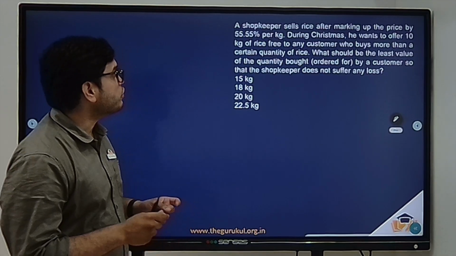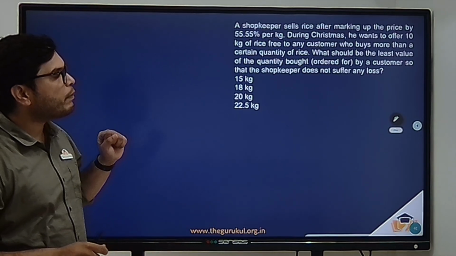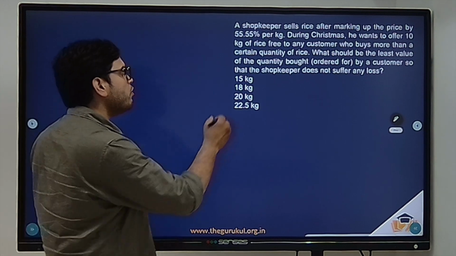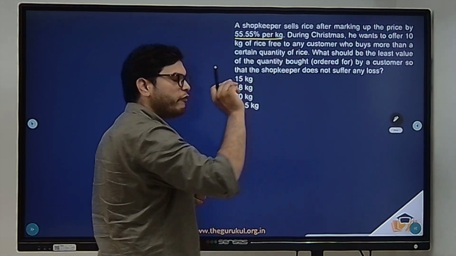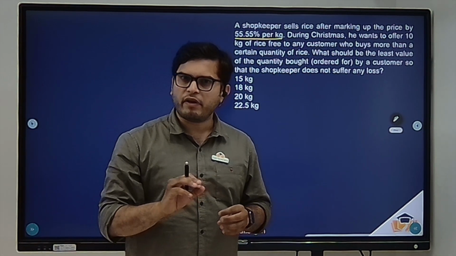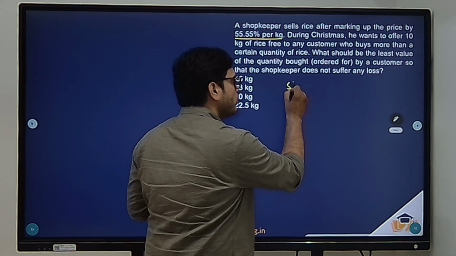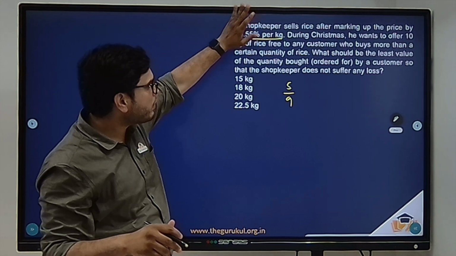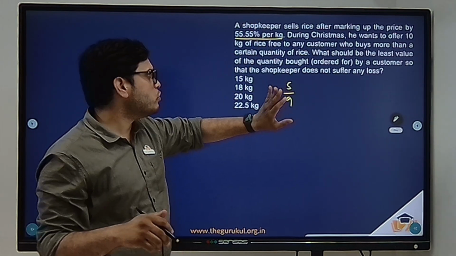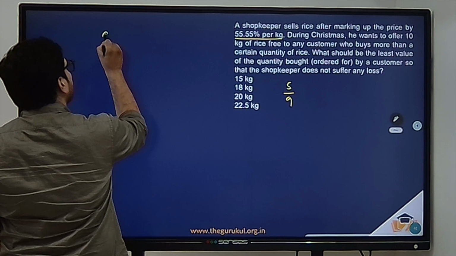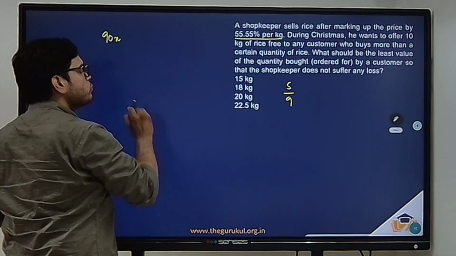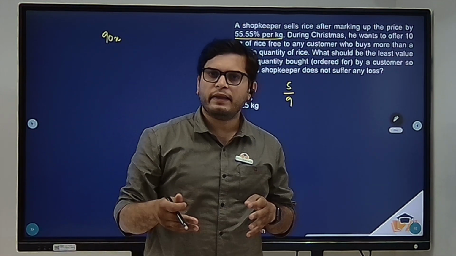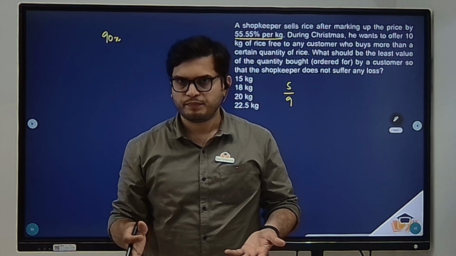Now coming to the last question. A shopkeeper sells rice after marking up the price by 55.55% per kg. The fraction equivalent of 55.55 is 5 by 9. So the moment I look at 55.55, the first thing that strikes my mind is 5 by 9. So I'll be considering the cost price per kg as 90x so that we do not end up getting any decimal value or a fraction, right?